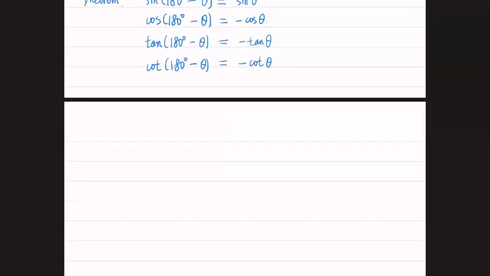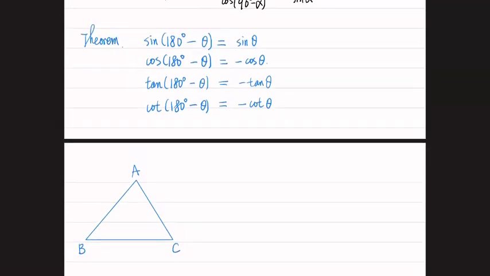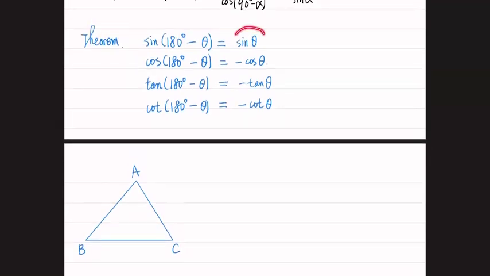Okay, so with these functions, we have two important laws. One about sine, one about cosine. A, B, C. Okay, so when we defined these functions, we started with a right triangle.